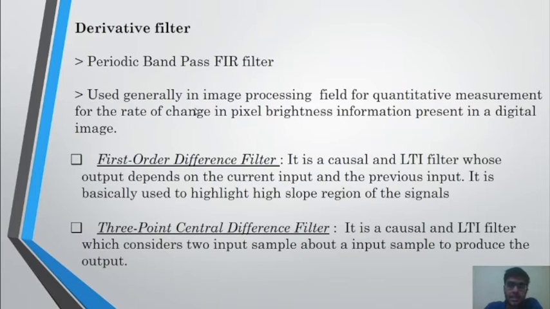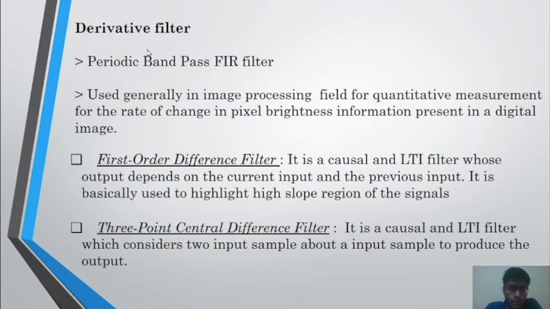In a digital image, if you see, there are a lot of boundaries and sharp contrast can be seen in those images. Now this derivative filter actually highlights the high slope region. So whenever there's a high contrast, high change, the high slope, which we observe in the magnitude of the pixel, then that can be filtered out.